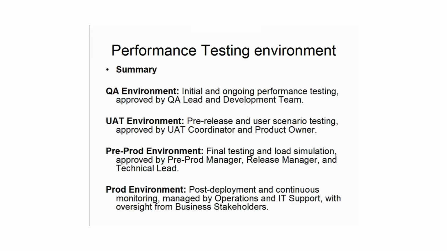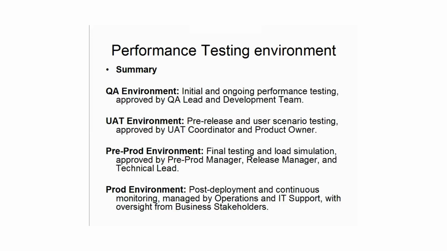As a summary, I want to say that the QA environment is used for initial and ongoing performance testing, approved by QA lead and development lead. UAT environment: pre-release and user scenario testing, approved by UAT coordinator and product owner. Pre-production environment: final testing and load simulation, approved by pre-production manager, release manager, and technical lead.